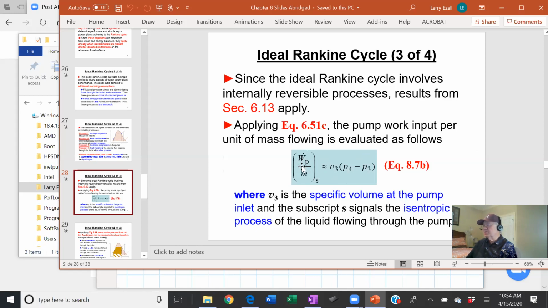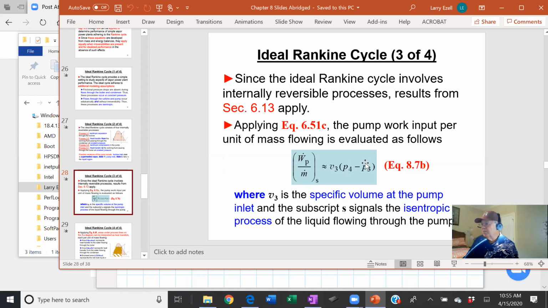So sometimes you actually need H4 in your boiler calculation. This doesn't give you H4, this uses pressures. But, and I wish I was better on this board, I would show you how you get H4. But it's in the book, it shows you what you do. You calculate this amount of isentropic work.